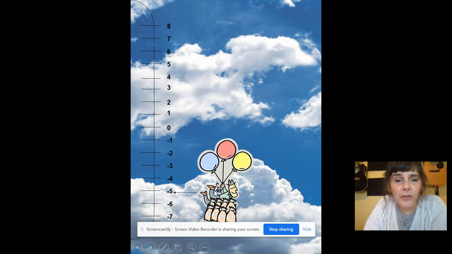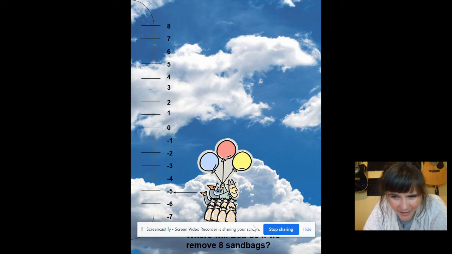Okay, so here we are. We're starting at negative 5. But this time, we're going to take the sandbags away. Now, sandbags hold us down. They're heavy. So if we take them away, that's going to allow us to go up. So when we subtract a negative number, we go up. The number will get higher.